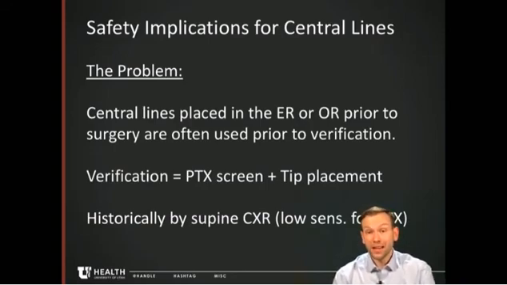In many cases it's a supine chest x-ray, which, as I mentioned before, has its own issues with low sensitivity for pneumothorax. So this particular situation leaves us an opportunity to develop strategies to keep our patients safer and reduce some of the complications we do see from central line placement.